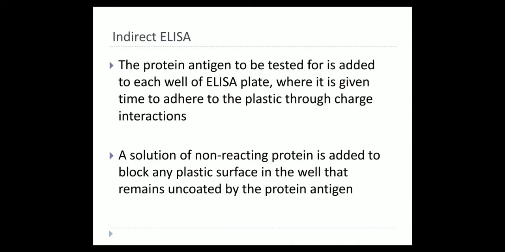Okay, so guys, indirect ELISA. This is a very common and very important technique in ELISA. Whenever we are talking of ELISA, we are mainly talking of indirect ELISA. It has a huge role, huge importance, huge scope in immunology. The most famous is the HIV test.